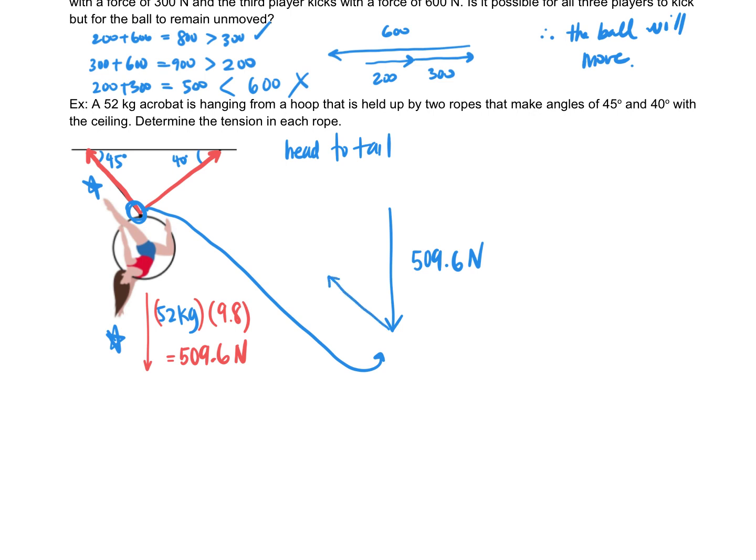So here it is, and I'll just call this tension 1. Okay. Now I am going to put the imaginary ceiling here just so I can get the angle in place. Now I'll take the second rope, and again, I'm going to take the tail and line it up with the head of the force I just put in, because everything has to be lined up head to tail. And there we are.